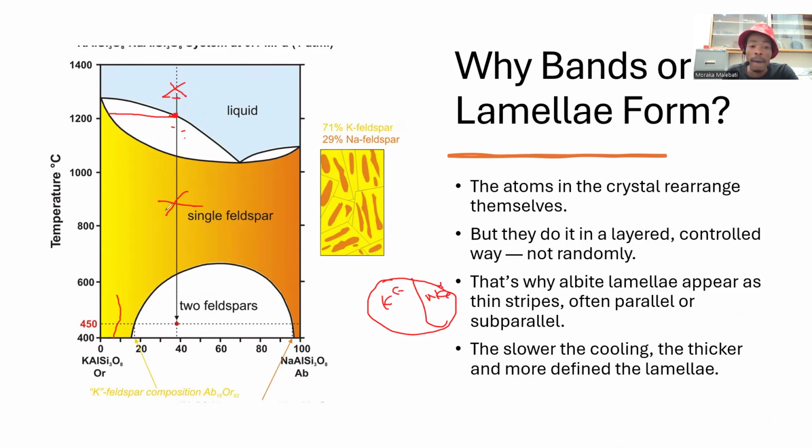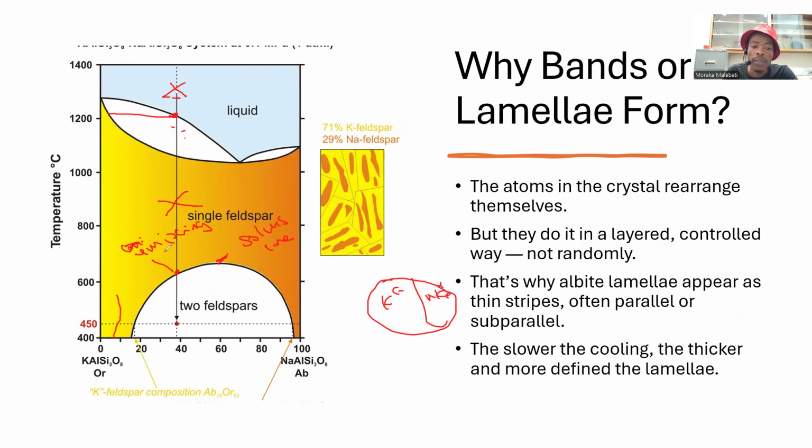But when you start lowering the temperature, immediately when you hit this line, what you call the solvus line, and especially when you cross it, that's where unmixing starts to happen.